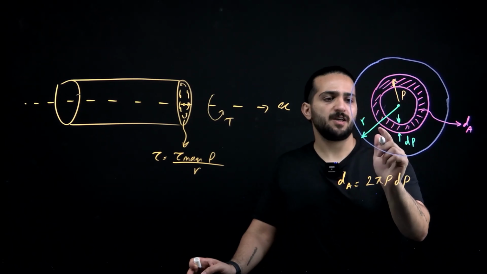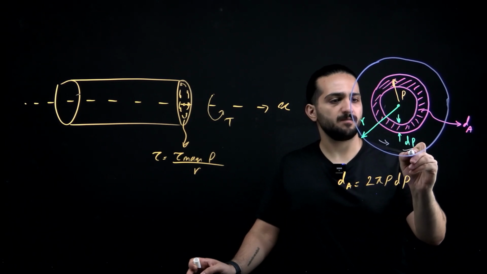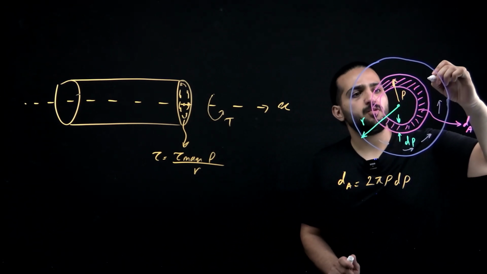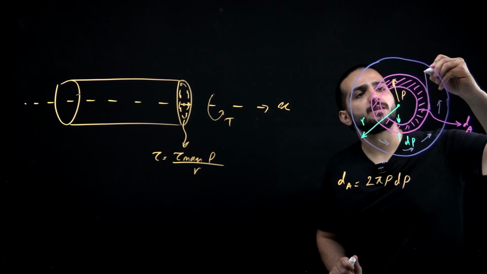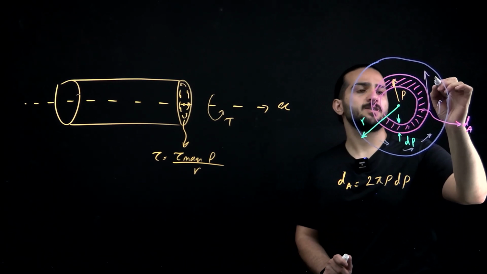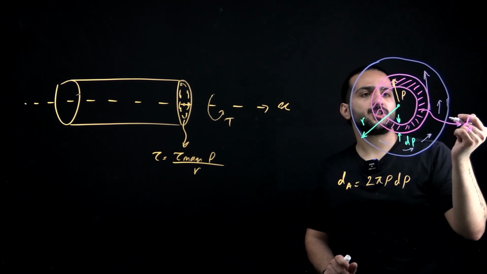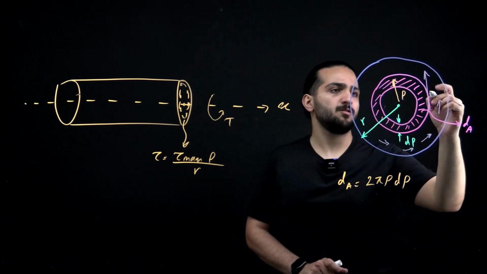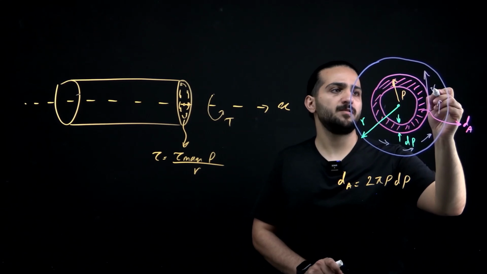And now, since we have shear stress inside this cross section, at each point outside our element, we will have a shear force tangent to our element. So at this point, we can call it V1.